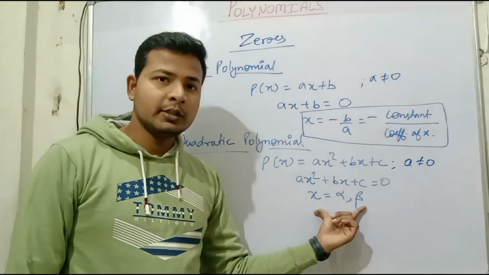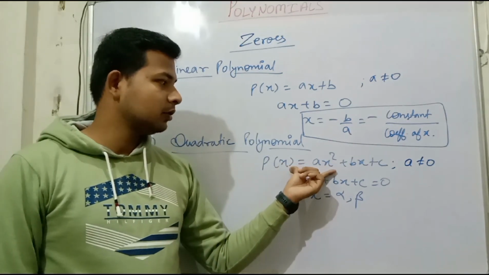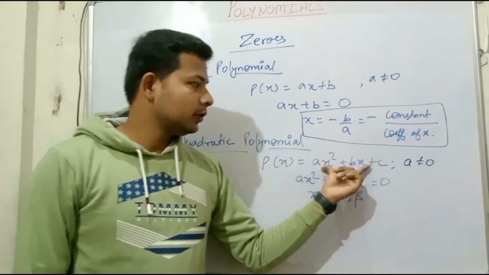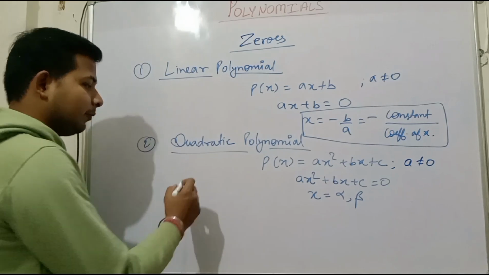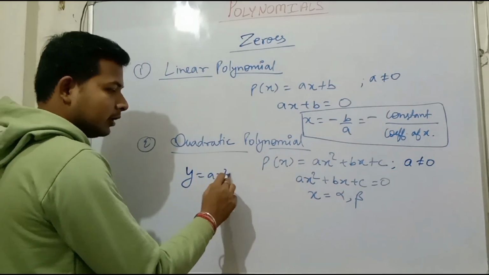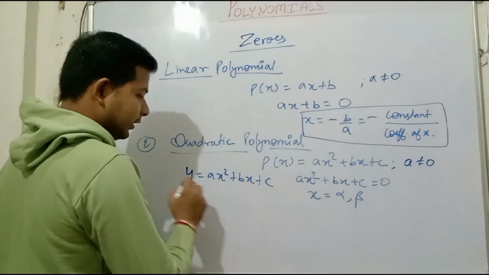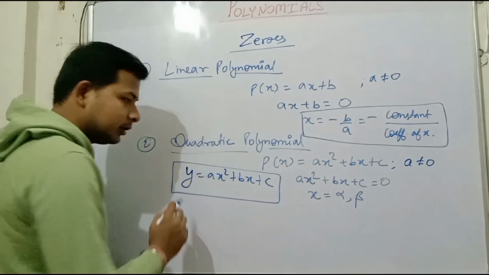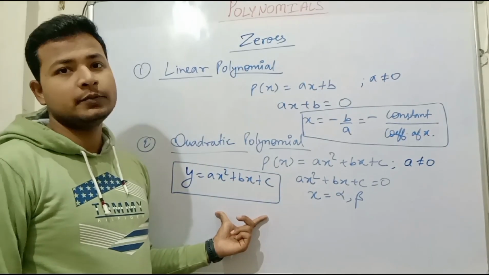Before elaborating on this, first of all let us move back to this one. p(x) equals ax square plus bx plus c, y equals ax square plus bx plus c. This is the graph of a parabola.